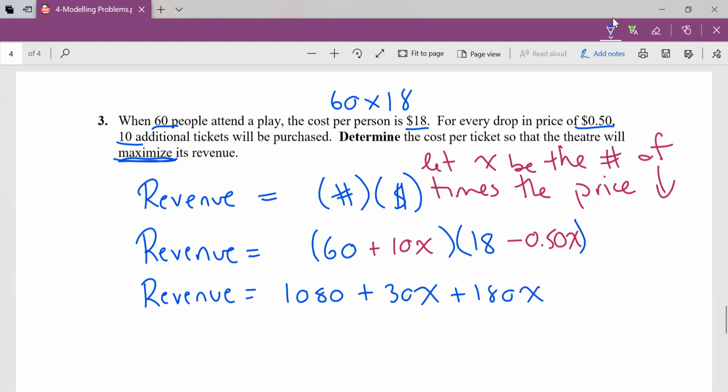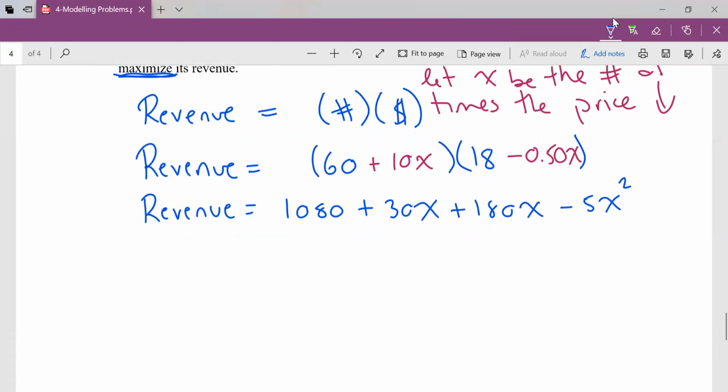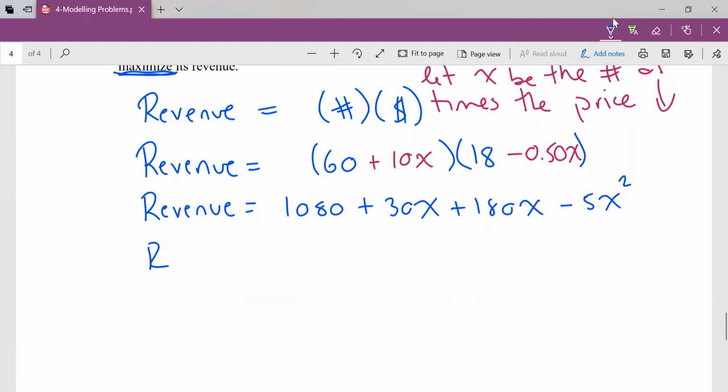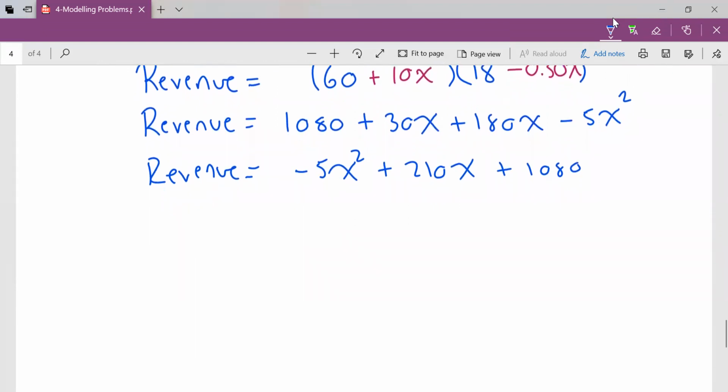And 10 times negative a half is negative 5x squared. Good. Let's just keep simplifying this. I'm just going to rearrange: negative 5x squared, plus 210x, plus 1080. Good. Now there's our standard form.